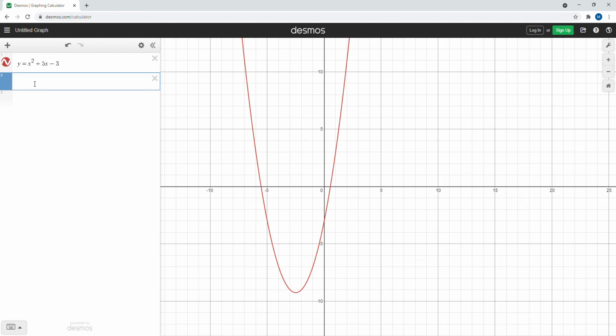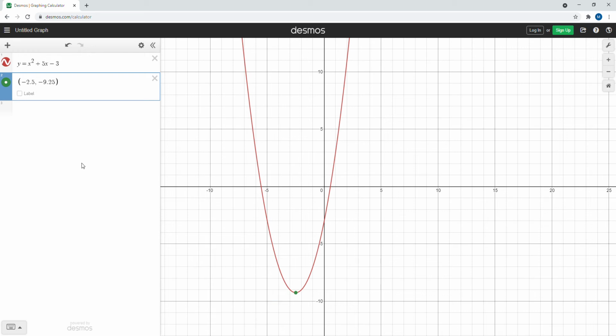So we're going to plot that vertex here, negative 2.5, comma, negative 9.25. And then if we label that, there's our vertex right there. Now, I'm going to uncheck the label box there, so we know that that's the vertex.